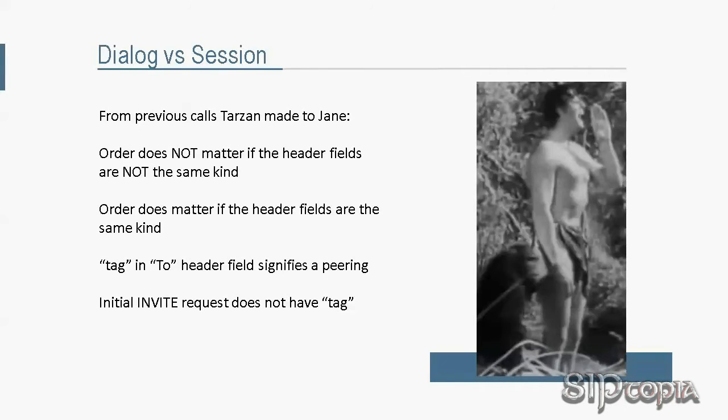There's a tag parameter in the To header field, which signifies a peering relation. Naturally, the initial INVITE request does not have the tag parameter, and the first time this tag parameter appears is when the caller receives a response from the called party.